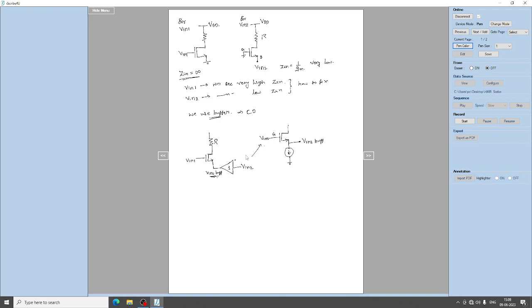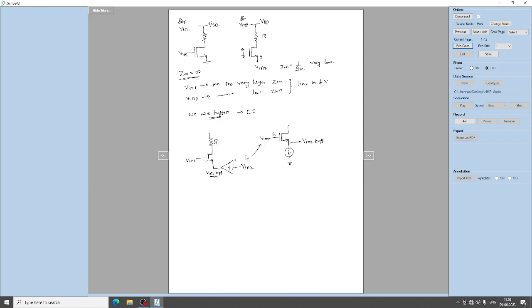So we can use a buffer which has a very high input impedance and a very low output impedance, with unity gain, which is a common drain amplifier.